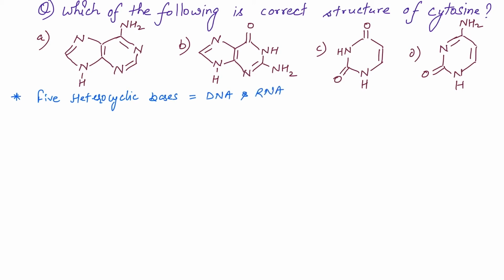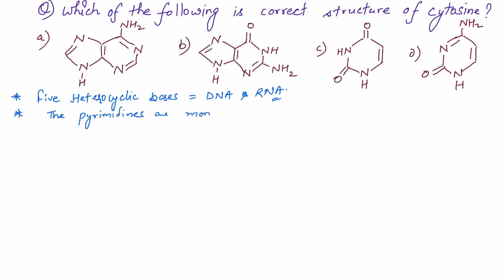We name them as nitrogenous bases. Now these are basically purines and pyrimidines. The purines and pyrimidines, these are basically two types of heterocyclic bases.